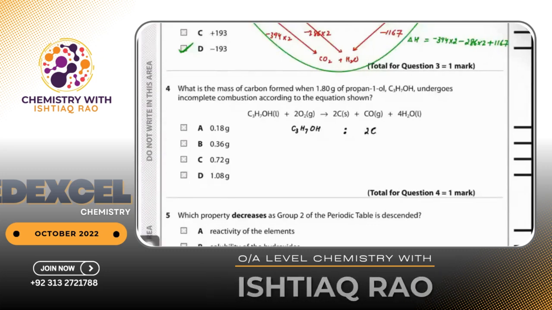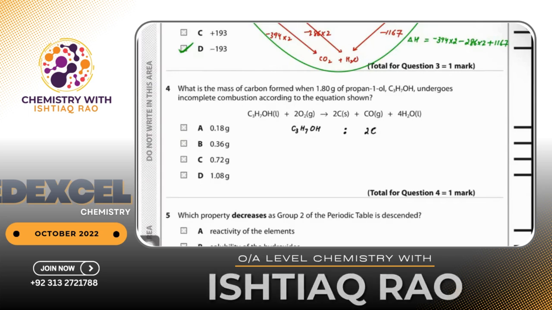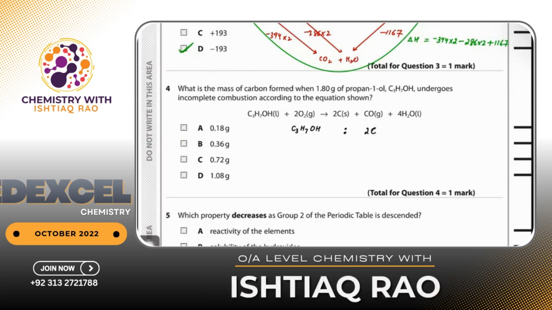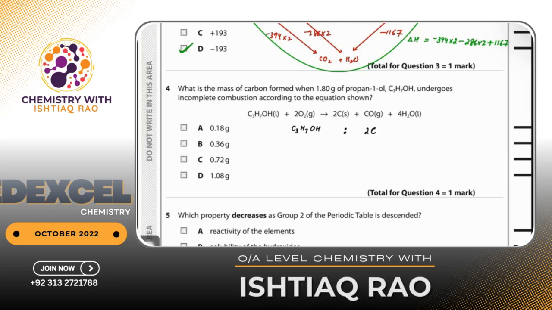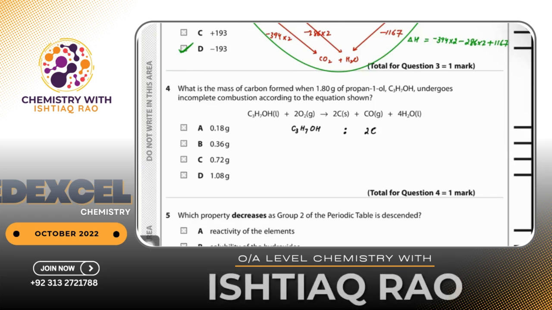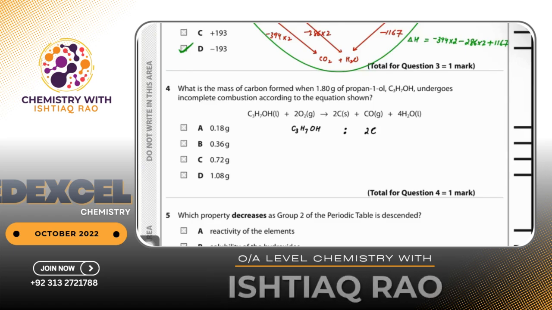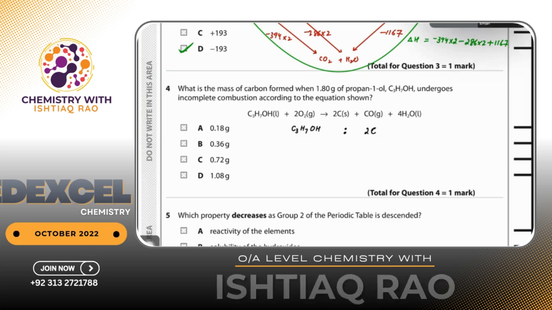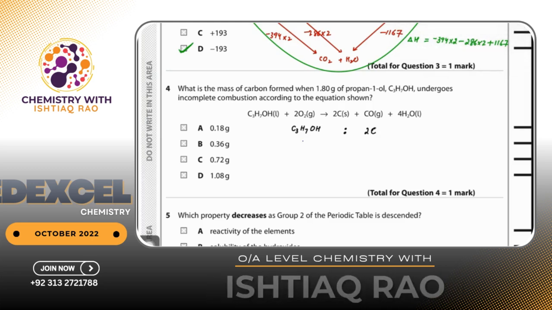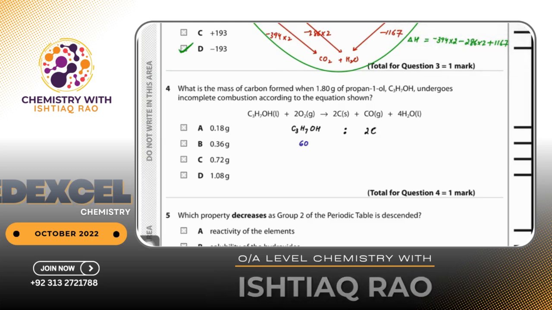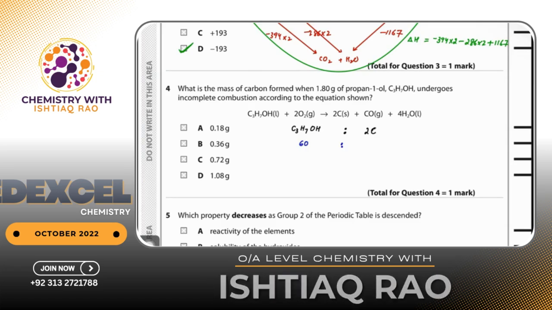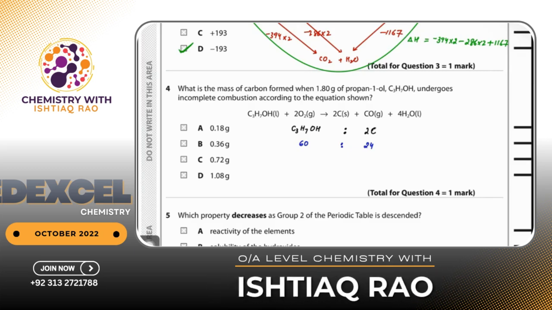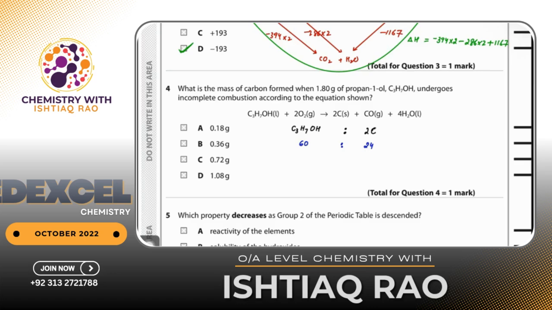What's the molecular mass for propanol? 60. So 60 and 24.